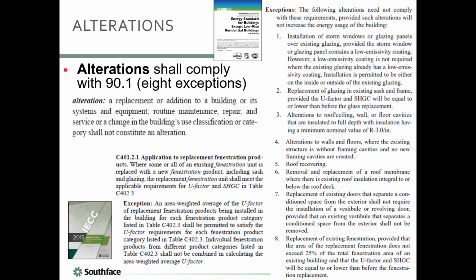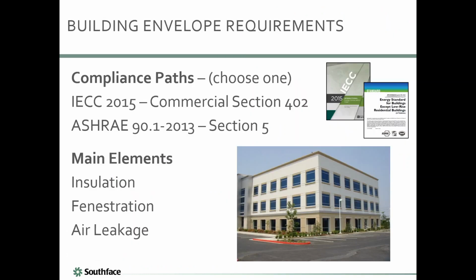ASHRAE says if you go in and you do up to 25% of all the glazing, all the fenestration in a building, then as long as you don't make it any worse, you're okay. But if you want to replace half the glass, in either case, you're going to have to bring it up to code. Okay, so again, emphasize again, you must pick your pathway. Choose one code over the other.